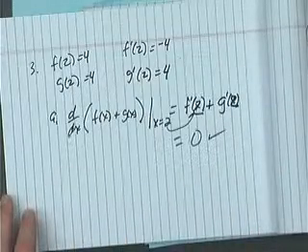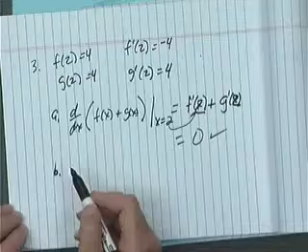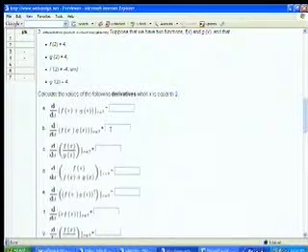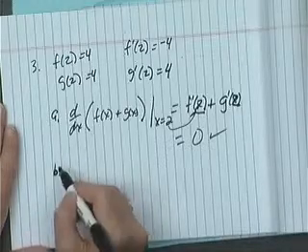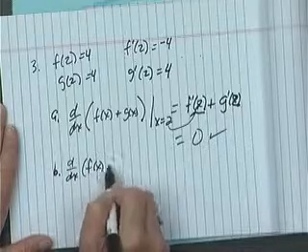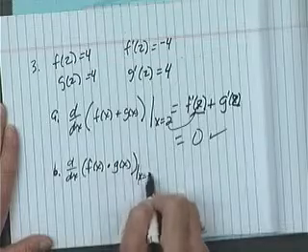Let's look at problem B. Yeah, it was scary just to look at the way they had it. B says you're going to do the derivative of what? F of x times g of x. What rule are you using? Product rule. So for part B, you're looking at f of x times g of x, and then you'll evaluate at x equal 2.